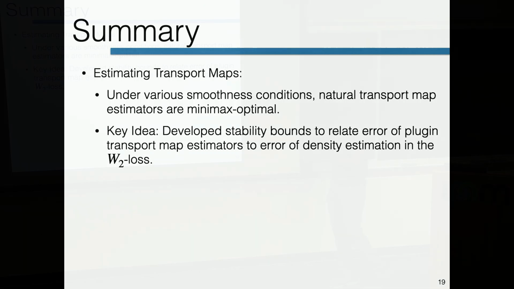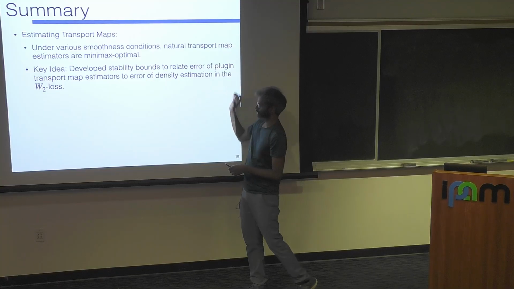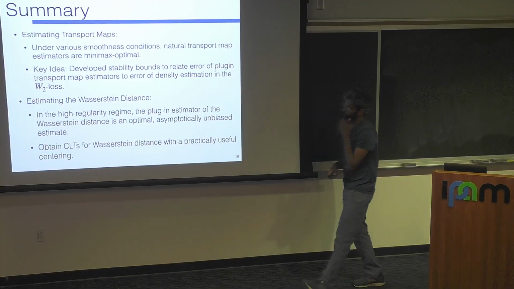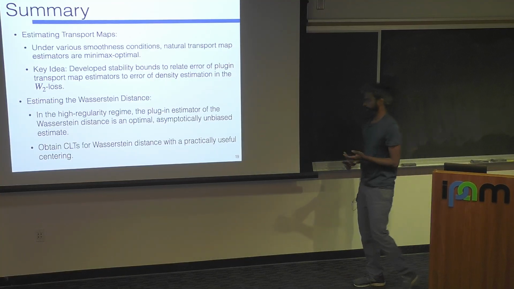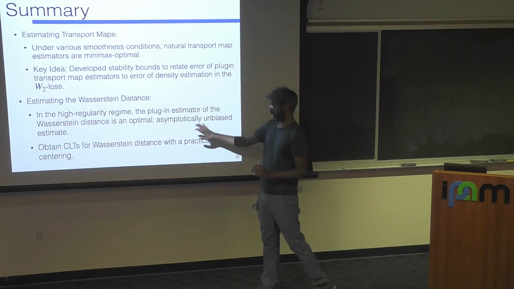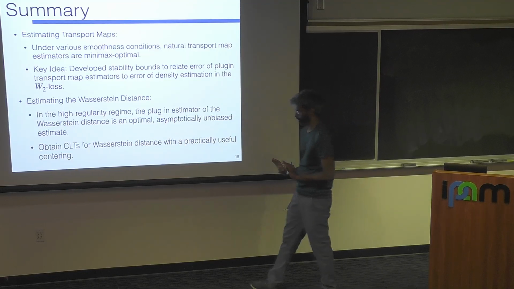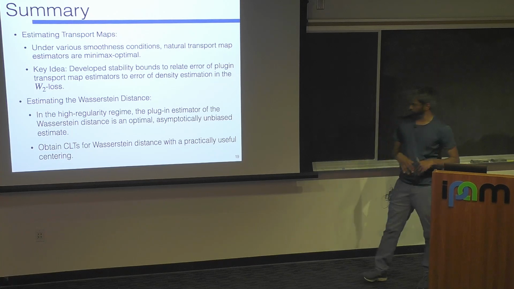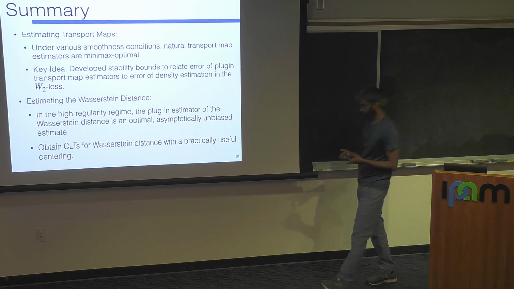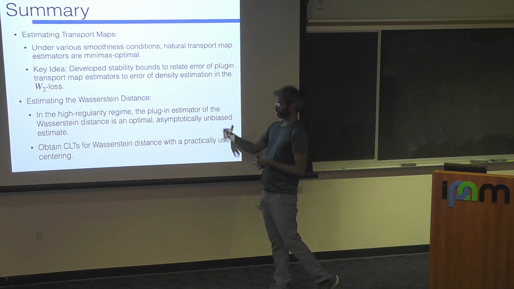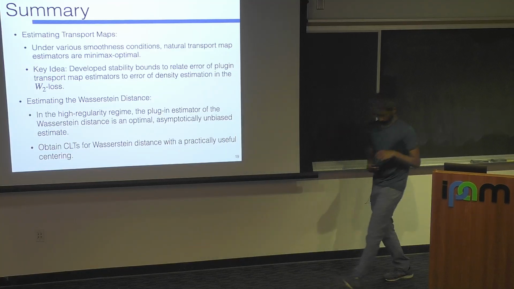And that latter quantity is far more familiar and easier to get a handle on. And then we talked about estimating the Wasserstein distance, and all we said was that in some very high regularity regime, the plug-in estimator of the Wasserstein distance is asymptotically optimal and unbiased as an estimate for the Wasserstein distance.